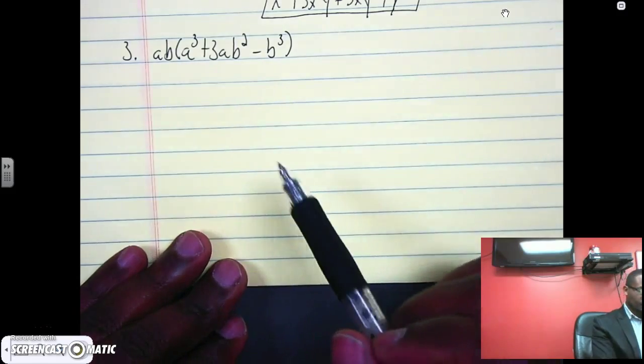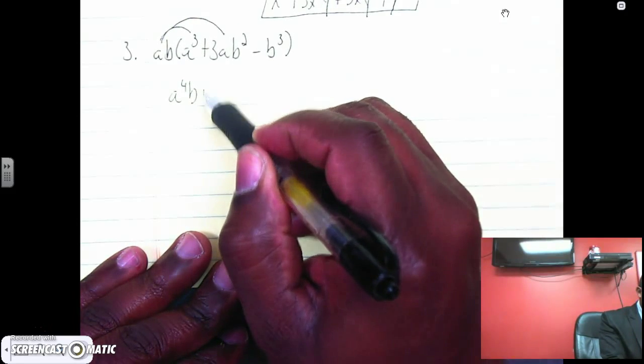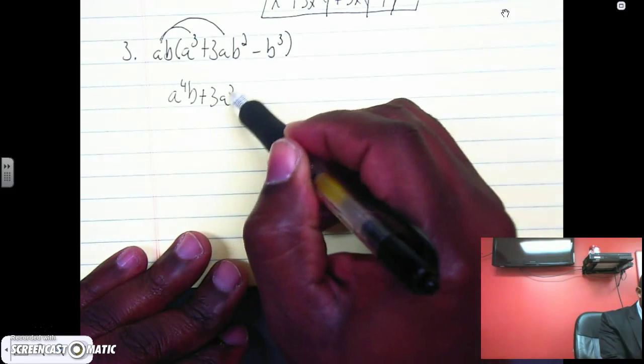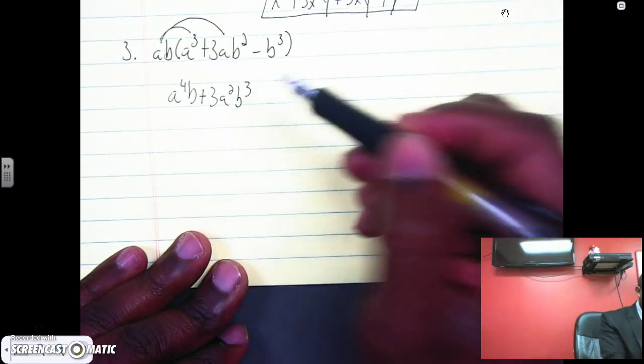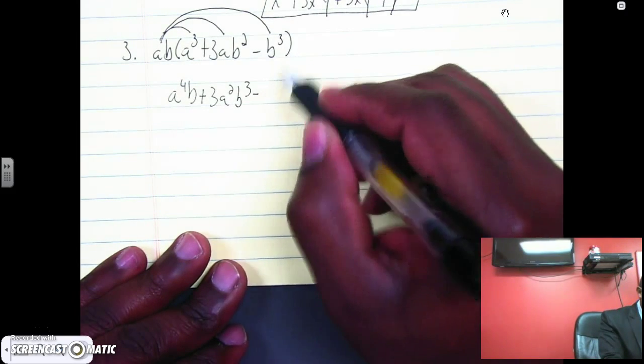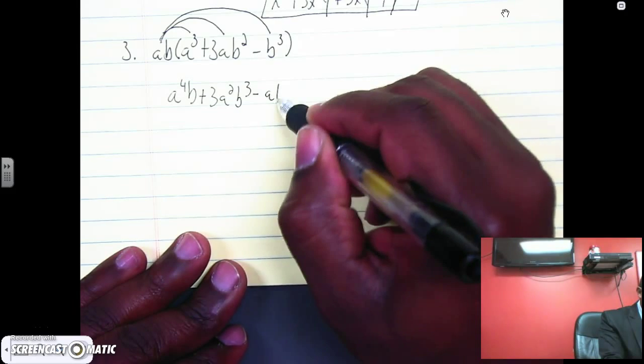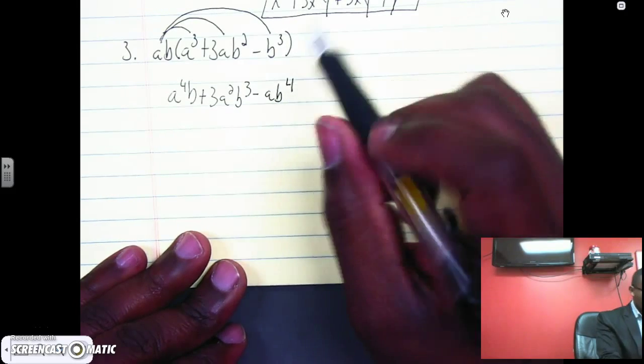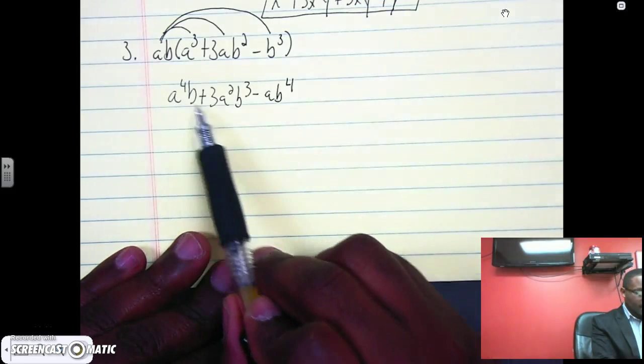So when I multiply AB times A cubed, I get A to the fourth B. When I multiply AB times 3AB squared, that's plus 3A squared B cubed. When I multiply AB times negative B cubed, that's minus AB to the fourth. Now, you look and say, is there any other like terms?